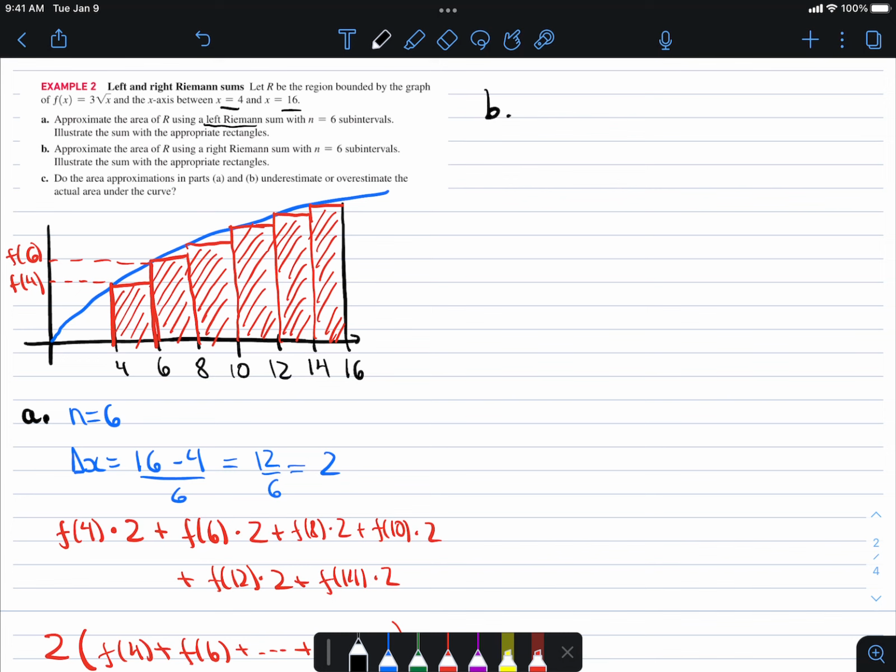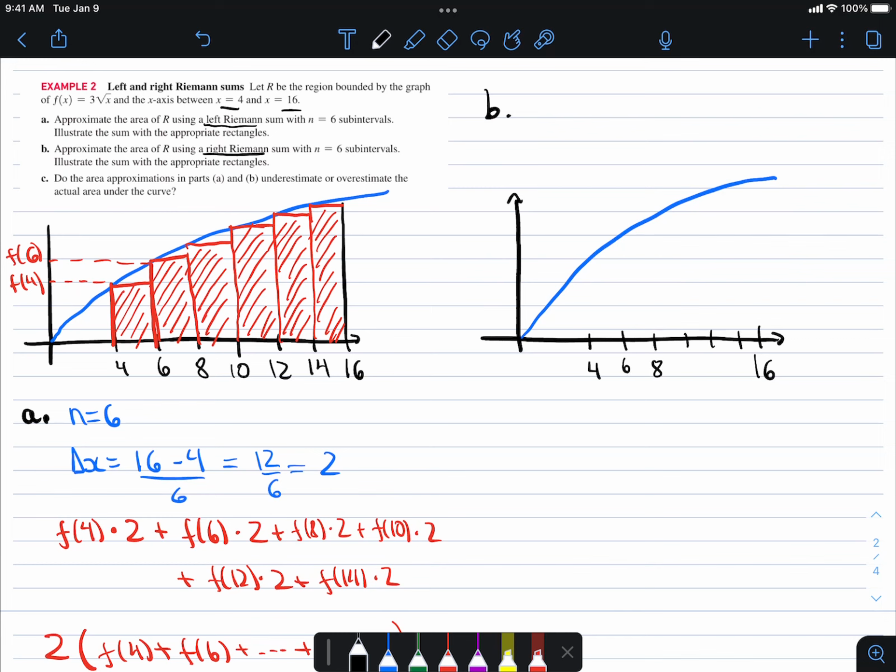Will be an over approximation because on B we will use a right Riemann sum, so it's the exact same grid points. So 4 to 16, but now we are using right endpoints. So we're doing the same numbers, 6, 8, 10, 12, 14, and 16.